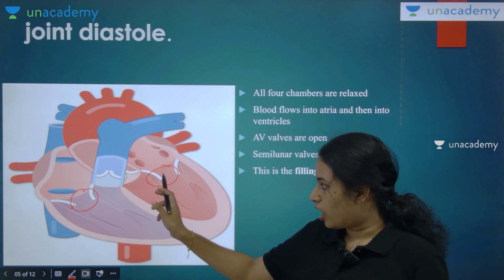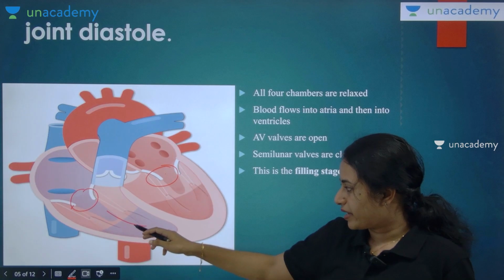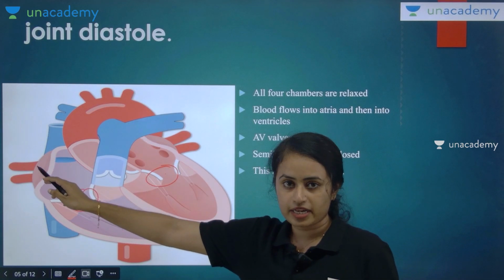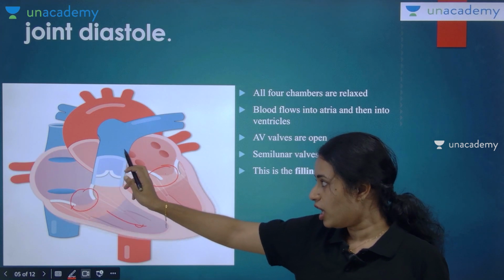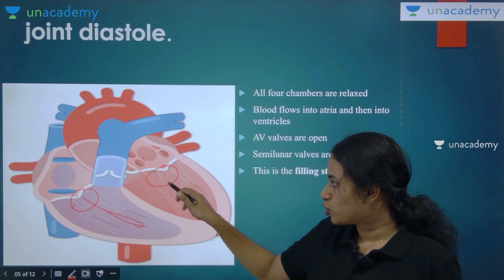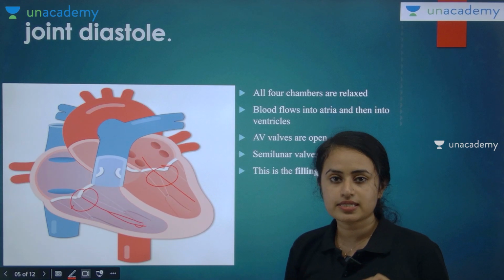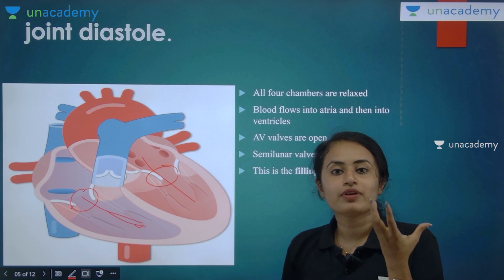These valves open, and the blood moves from the atria into both ventricles. This is what takes place in the joint diastole.